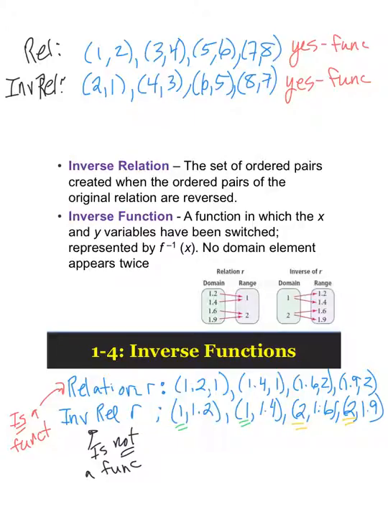So here's an example of a relation that is a function, just like the previous one, but its inverse turns out to not be a function. And also, when you look at the mapping, anytime you see 2 arrows or more than 1 arrow leaving a domain and going to a range, it's definitely not going to be a function.